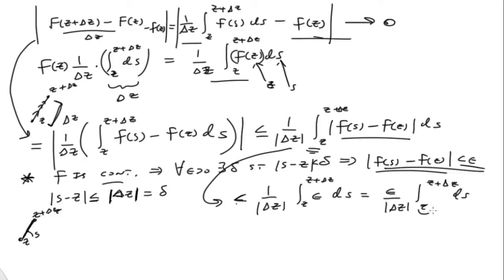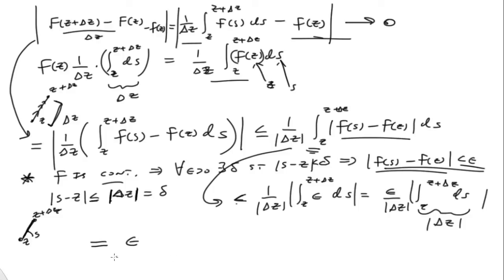This thing right there is exactly delta z. When I did this, I needed to still put a modulus on the outside of that thing, so it becomes just the modulus of delta z, in which case we have epsilon.